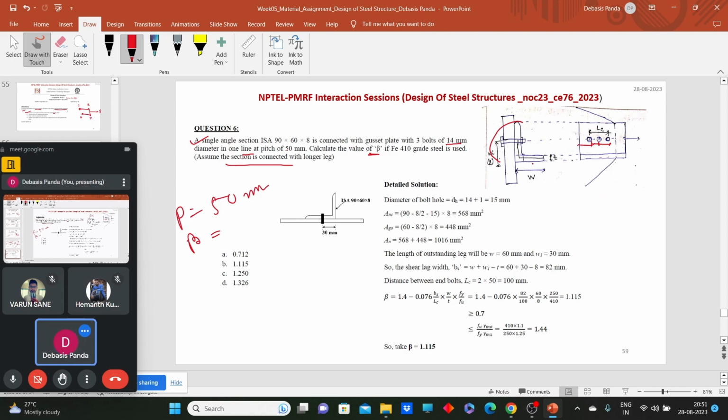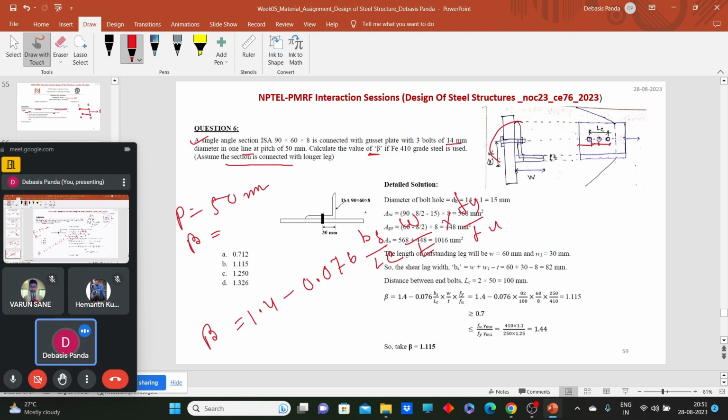Okay. So beta, what is the formula for beta? Calculate beta value. What was the formula for beta? 1.4 minus 0.076 (w by t) (fy by fu) (bs by Lc). So we need to calculate the Bs first.